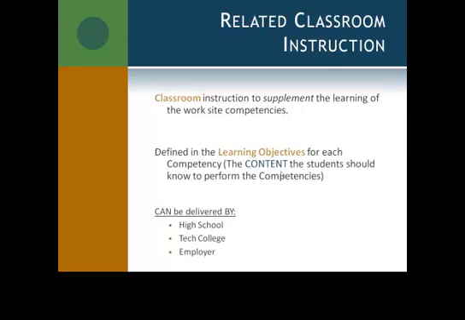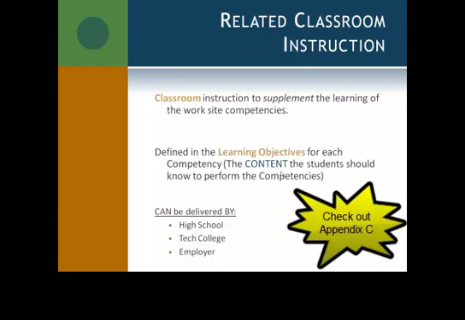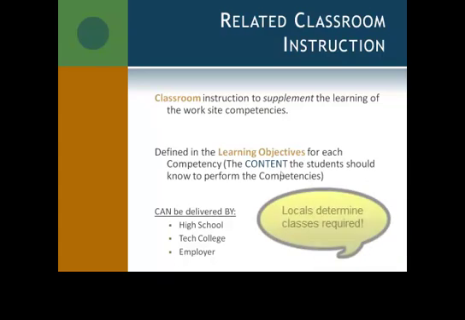Availability of specific YA programs and resources for the delivery of related instruction differ greatly around the state. DWD will not require any specific related instruction classes for YA programs. However, DWD does recommend related instruction that is detailed in Appendix C of each YA program guide. The actual classes required and how that instruction will be delivered is under local control between the school, the employer, and the YA consortium.